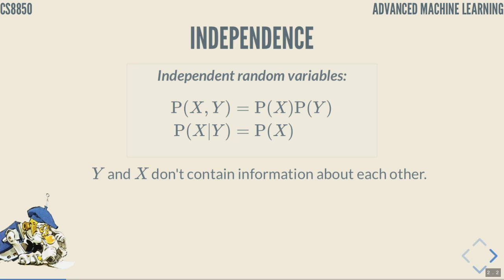It's clearer in the bottom line. No matter what value we set y to, the probability distribution of x doesn't change. It was probability of x before, and it is still probability of x after. Observing y does not help predicting x.